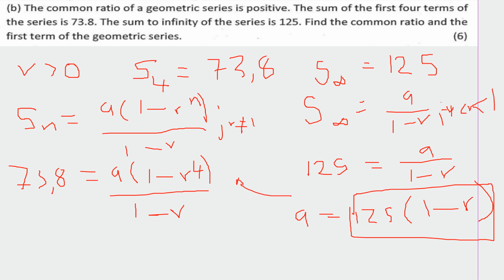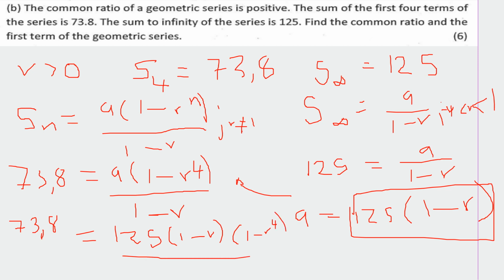So we'll be having 73.8, which is equal to, in place of a here, we'll put this value, which is 125 into 1 minus r, and then we multiply by 1 over r to the power of 4, all divided by 1 minus r.